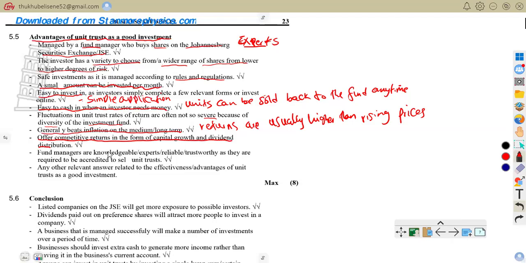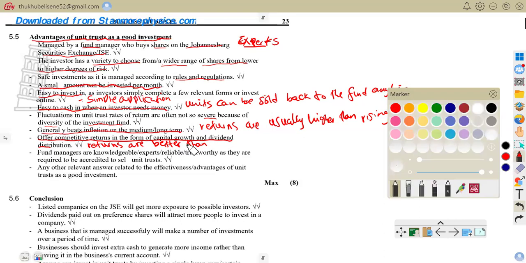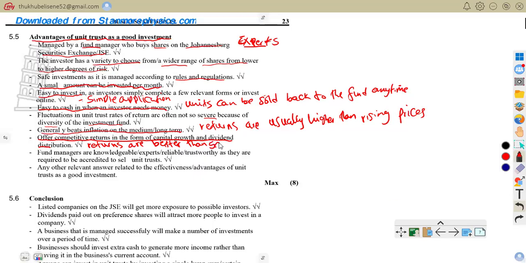Returns that are better than savings accounts.